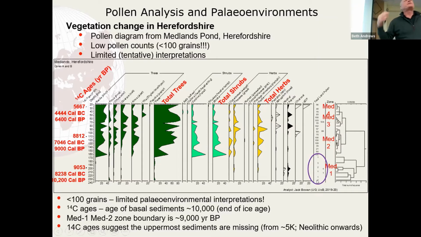We'd be counting at least 350 to 500 pollen grains per level. But we can't ask an undergraduate to do that because he'd still be there doing it rather than having graduated and got a job. So everything from around up here is highly tentative. It's just not representative. We're not counting enough pollen grains to give it a scientific basis.